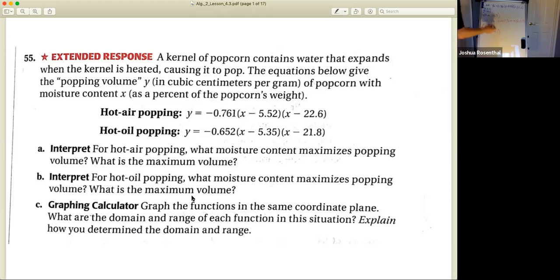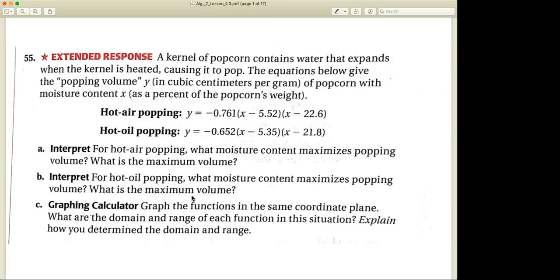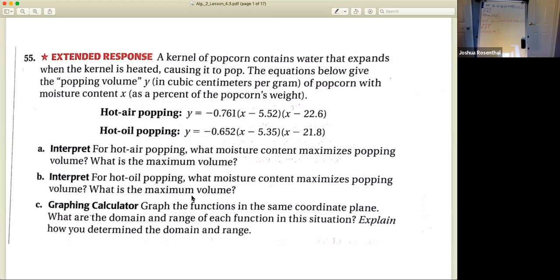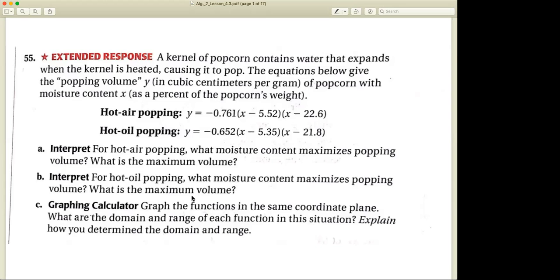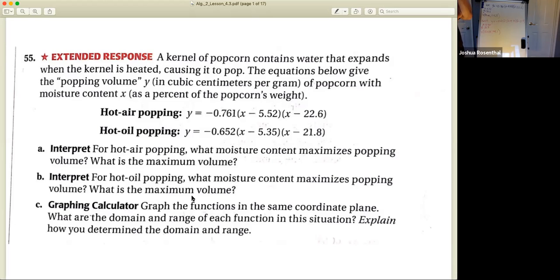So look at that value compared to that value. So you get a lot more volume from hot air popping than you get from hot oil popping at that moisture content. I think I know why. I feel like the oil heats the popcorn up faster. I don't know, this is where my science background is not there.